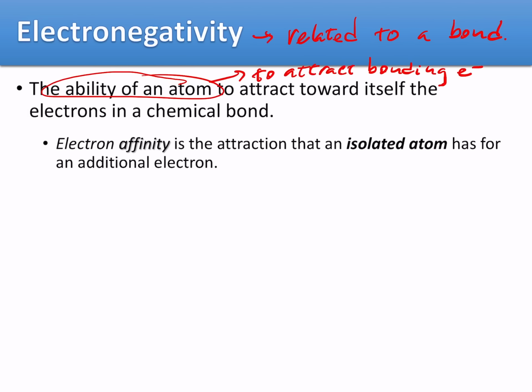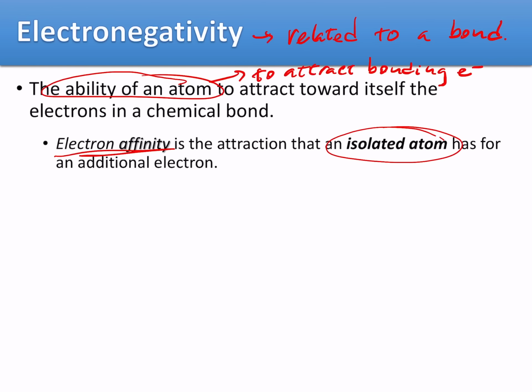Now, that's similar to electron affinity, but electron affinity, even though it's also attraction of electrons by an atom, refers to an isolated atom. It's the atom by itself, and it's attracting electrons from anywhere. So those electrons are not restricted to any particular situation.